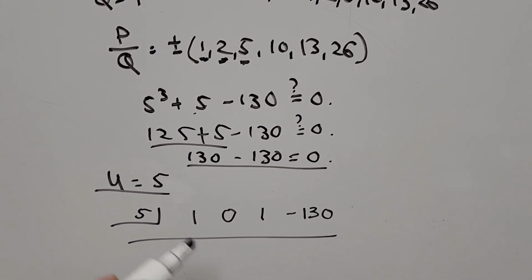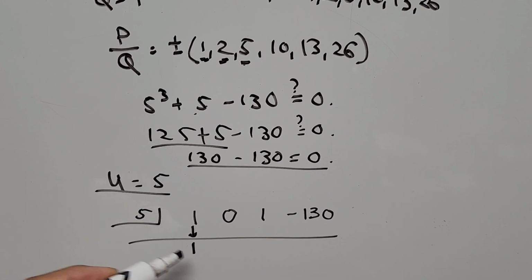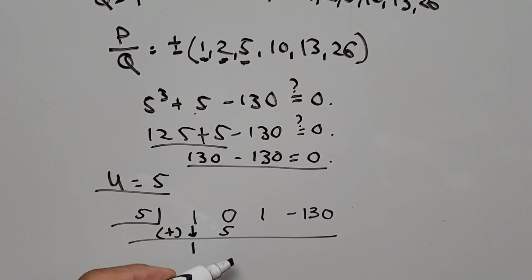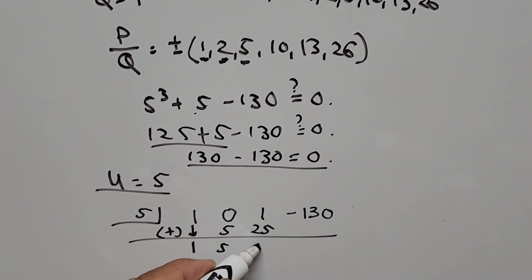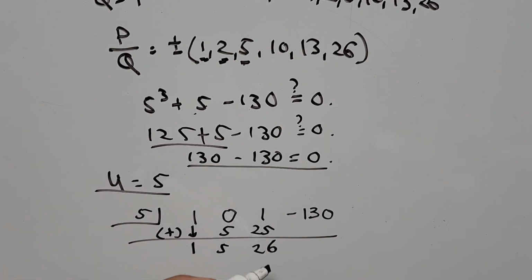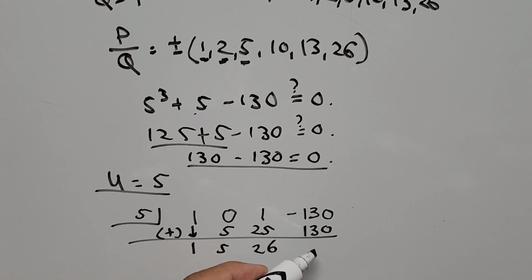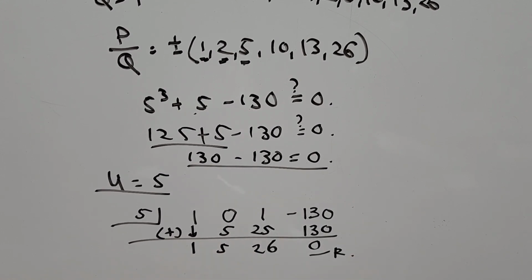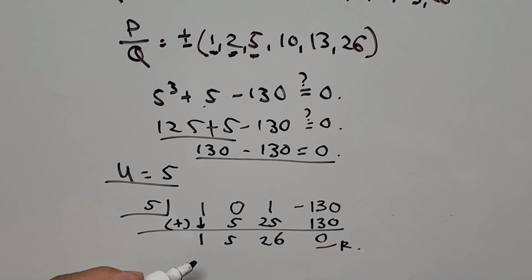So we have here, bring down 1, and we multiply 5 times 1 is 5, and we add these up. So 5 plus 0 is 5. 5 times 5, that's 25. Plus 1 is 26. Times 5 is positive 130. So 130 minus 130 is 0. So remainder 0.